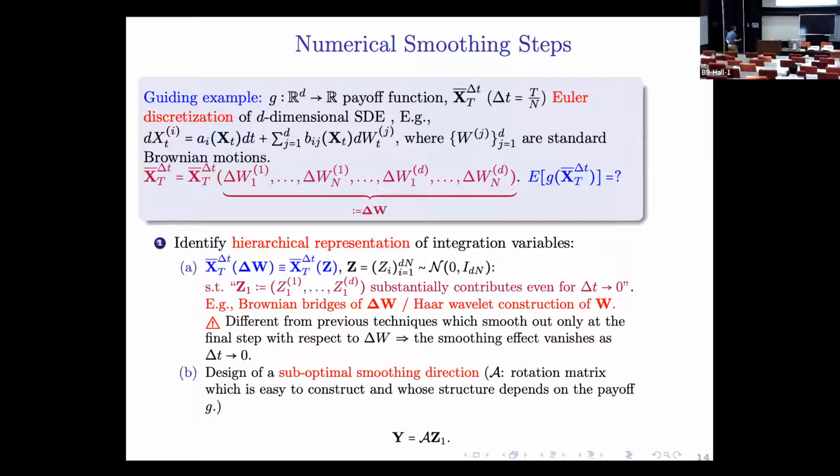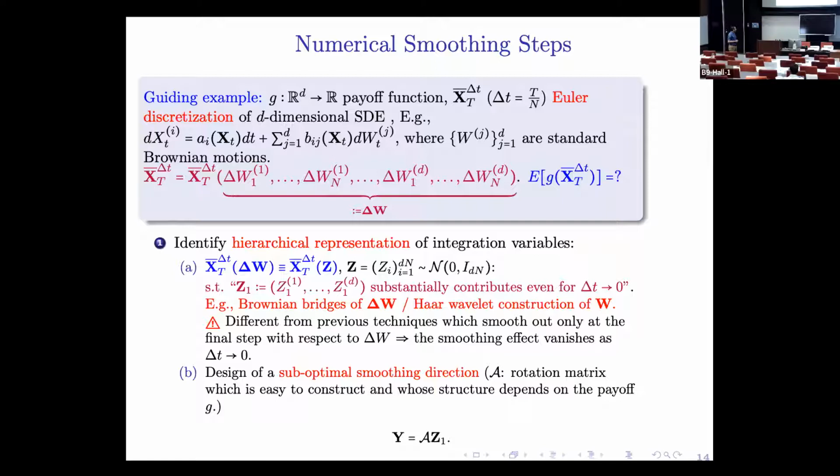So the first idea of our numerical smoothing is to establish a hierarchical representation of those randomness. What we mean here is that these delta W's basically come from standard normal random variables, right?